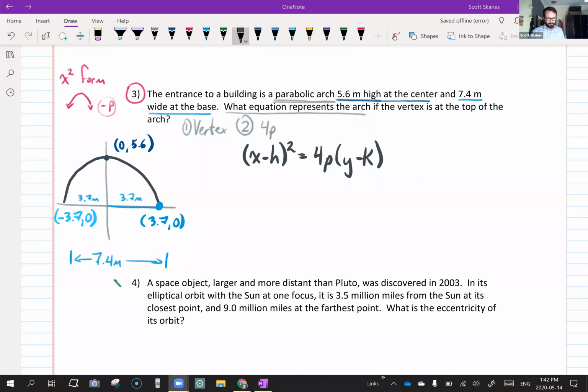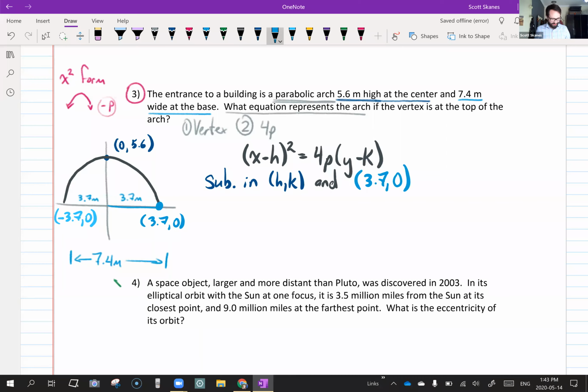What we're going to do, we substitute all of our points. So let me write that down. We're going to substitute in h and k and our other point, 3.7 and 0.